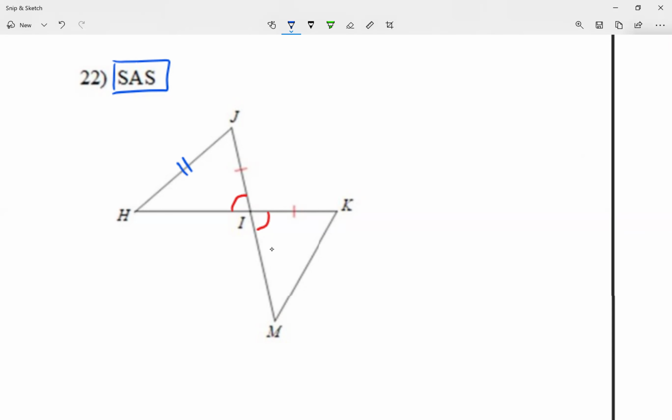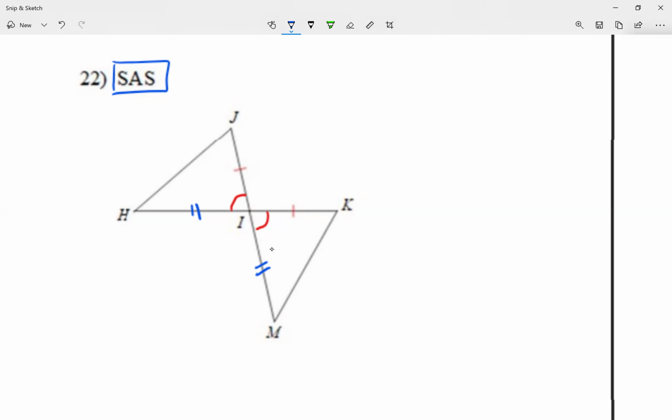Well, if that was the side, the included angle would be here, because the included angle is the angle where the two sides meet. No, that would not be good, so that's not the side I need. I actually need this side, because the angle that is marked is the included angle, the angle where the two sides meet. And in my other triangle, the side that I need is this one. That way I'm going to complete this.